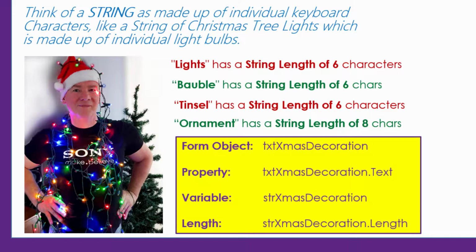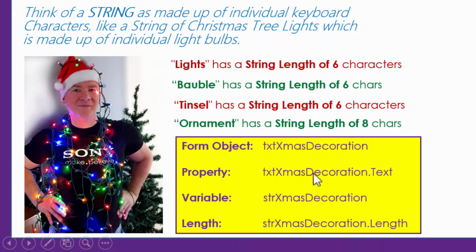In our program coding, we'll have a text box, so we might have a text box, text Xmas decoration, for Christmas decoration. That's the name of the text box. The property of what's in the text box is the .text property. So if we want to reference what's in there, you put the text box name .text. You've seen that in other programs we've done.